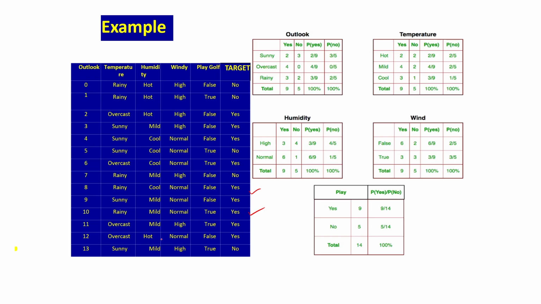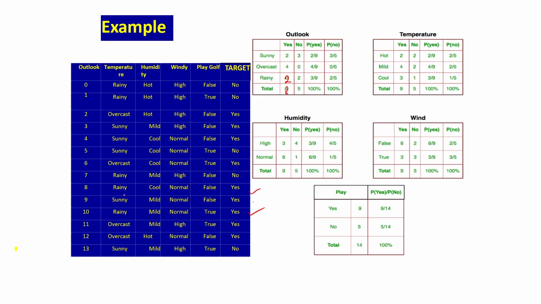Rainy, yes, rainy, yes. Where is 3? There should be 3 yes. That is what they are saying. Rainy, no, rainy, no. Overcast, rainy, no, rainy, yes, rainy, yes. So there is something wrong. I made a mistake. So it should be 2 then. So then it should be 8, right? Okay, that's great. I've corrected it.